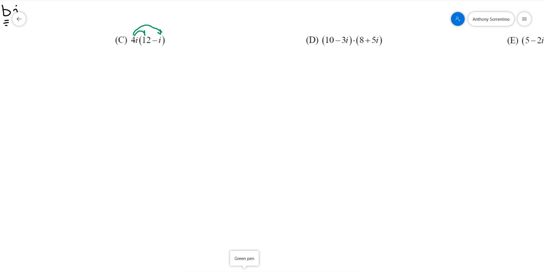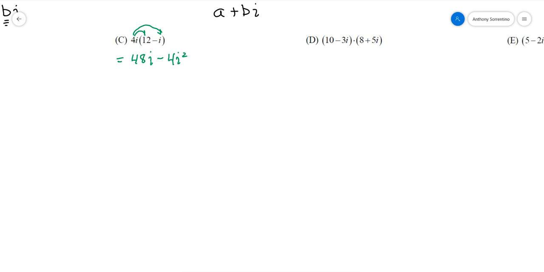If I had two terms like in D, I'm going to have to distribute the 10 and then distribute the minus 3i, in the same process we know as FOILing. So here I'm going to have 4i times 12, that's 48i. 4i times negative i is a negative 4i squared. Again though, I have to have these written in the format a plus bi.